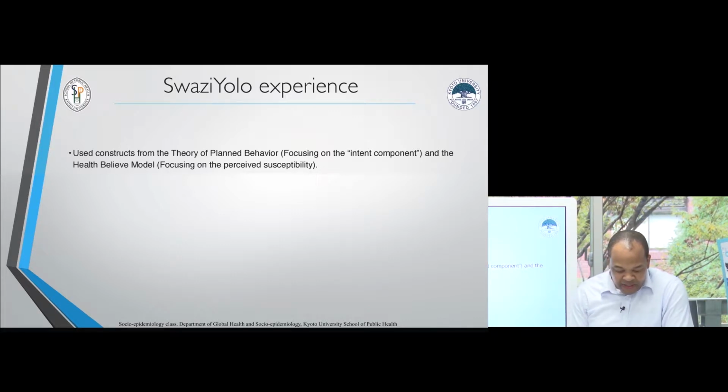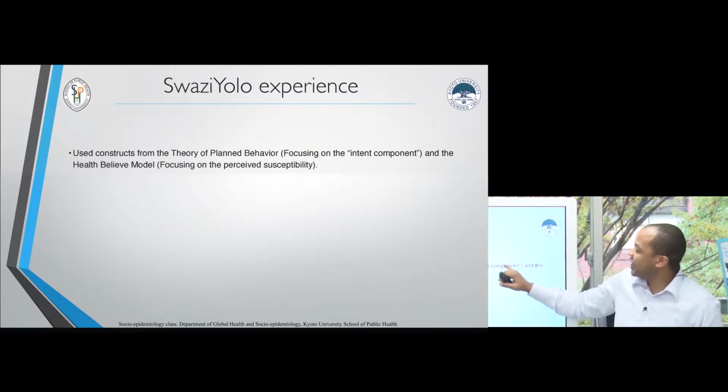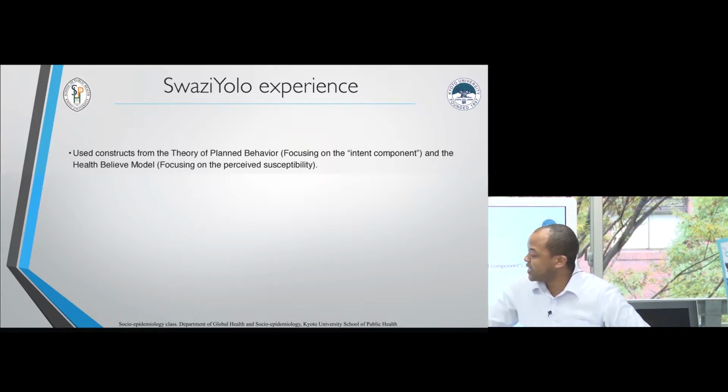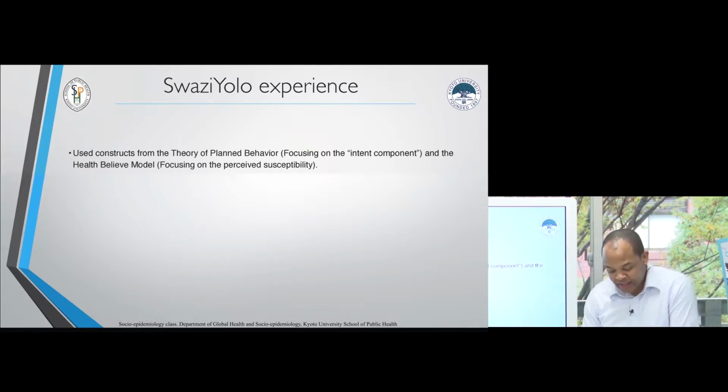So in Swazi-Yolo, we used the theory of planned behavior, specifically the intention component of that theory, and the health belief model focusing on the perceived susceptibility in that model. We identified intervention platforms as Android operating systems.